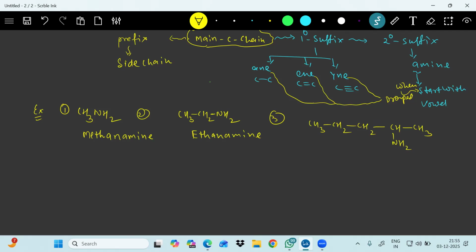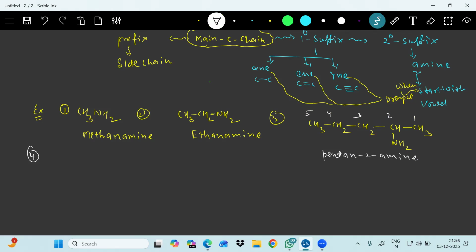We have to start the numbering. Start the numbering first from the left side. 1, 2, 3, 4, 5. So 5 carbons, so it will be pentane. Pent, an, and amine. Remove the E and write 2-amine. Any confusion? No, sir.